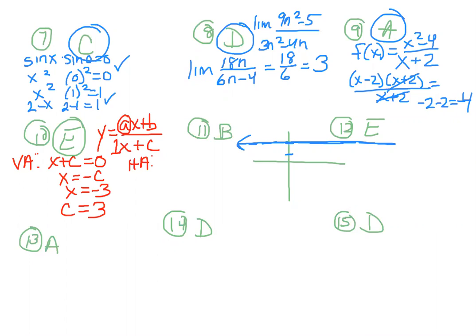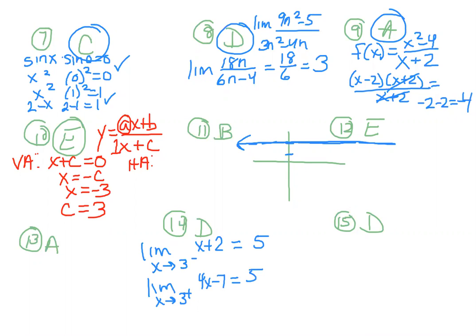Number 14, let f be that function, which of the following statements is true? The limit as x approaches 3 of f of x exists. Well, let's see. The limit as x approaches 3 from the negative side is this, which would be 5. And the limit as x approaches 3 from the positive side is this, which would be 5.